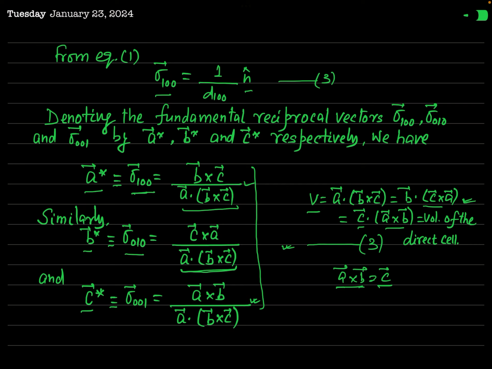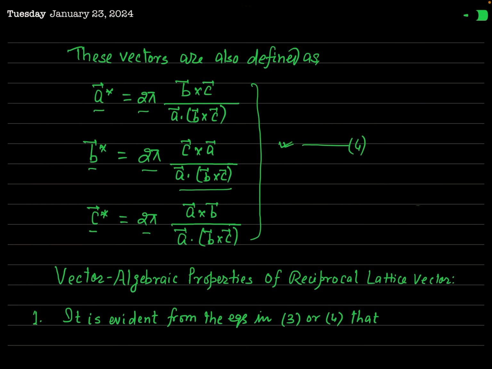So on the basis of this definition of the vector product of two vectors, you can easily say that A star will be perpendicular to vectors B and C. Similarly, B star will be perpendicular to C and A, and C star will be perpendicular to A and B. It is evident from this definition.